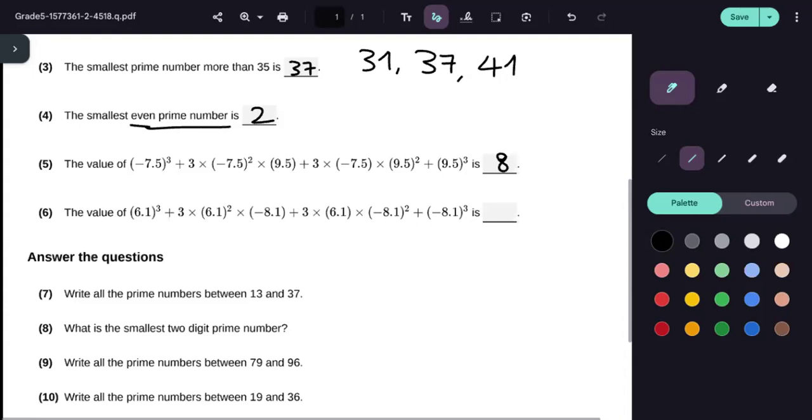Okay, time is up. Those of you who are still calculating, you can calculate still. For those who are done, the correct answer is -8. Hopefully you got these two right.